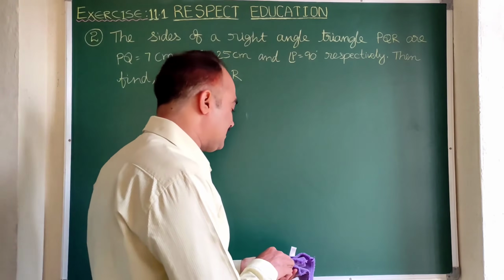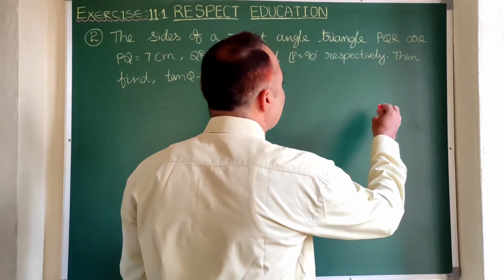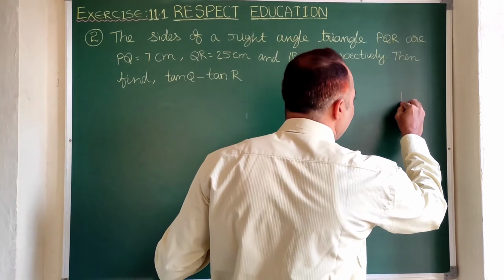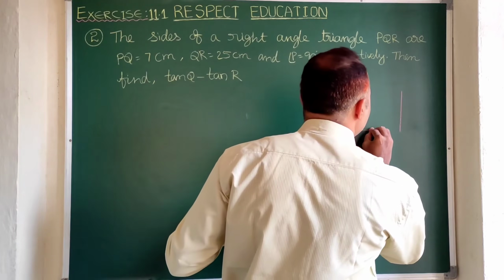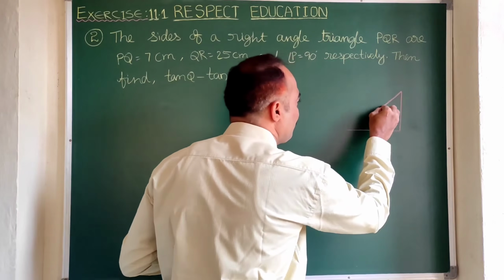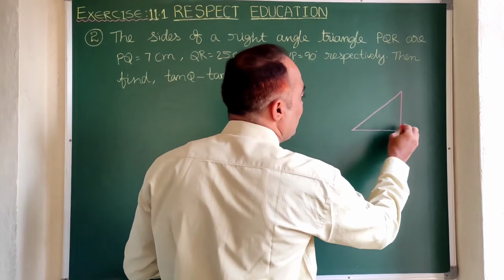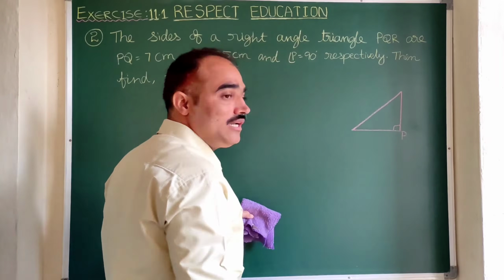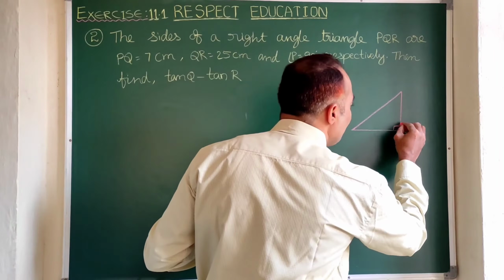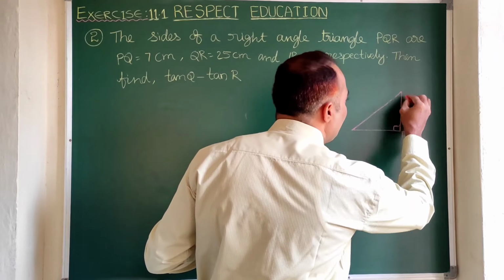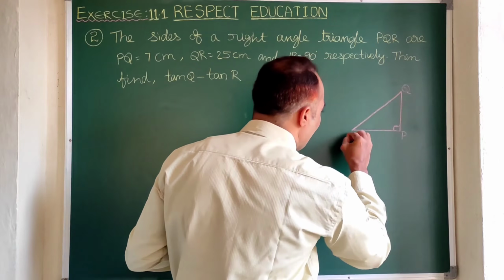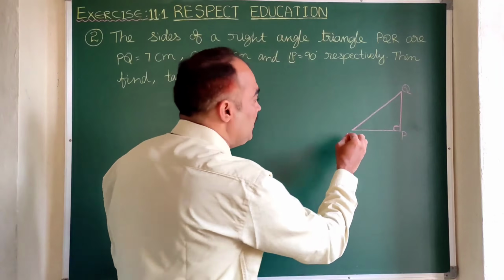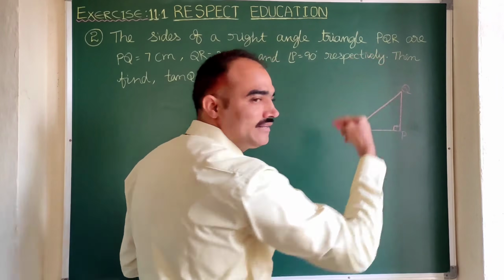So first let us draw a triangle, right angle at P. This is the position of P, and what about Q and R? If we take Q here, then R there.